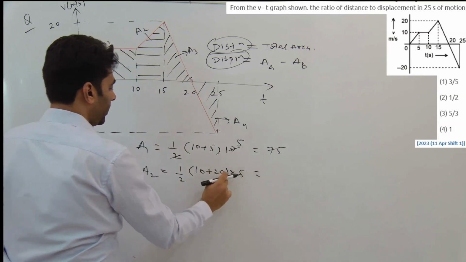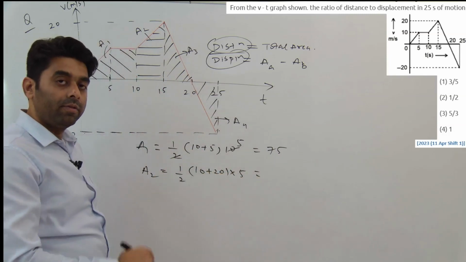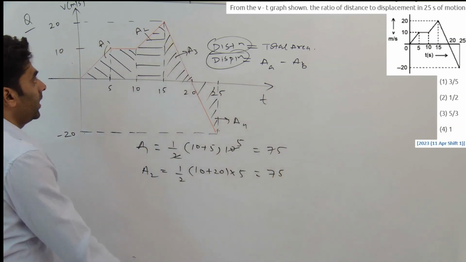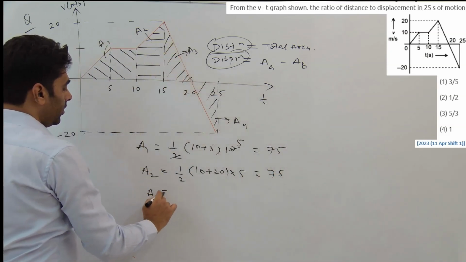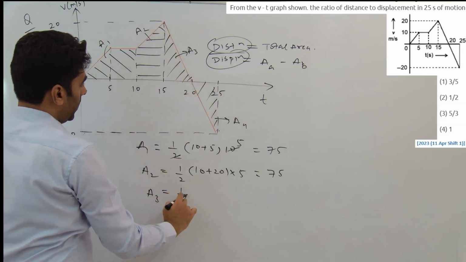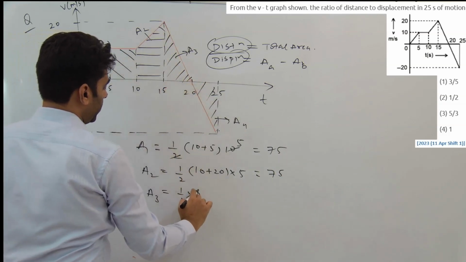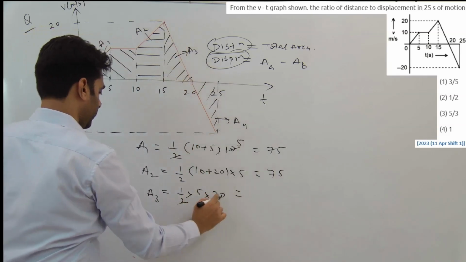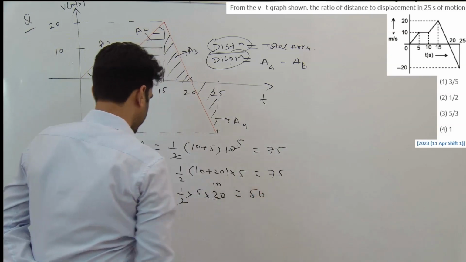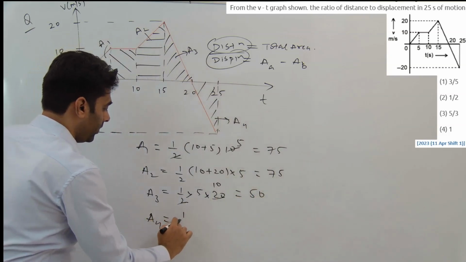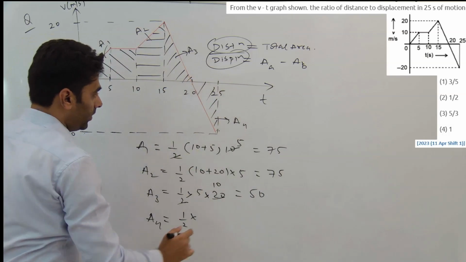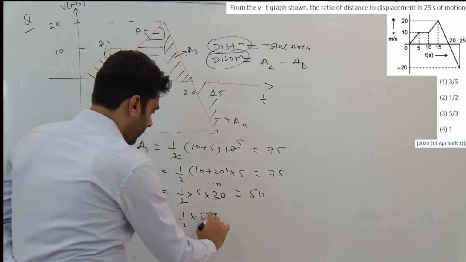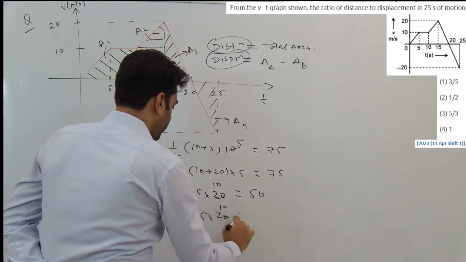So 10 plus 20 is 30, 30 by 2 is 15, 15 into 5 is again 75. Next, the third is triangle A3. It is half into 5 into 20, so we get 50. A4 is again a triangle, half into base 5 into the perpendicular, this is 20. So again we get 50.